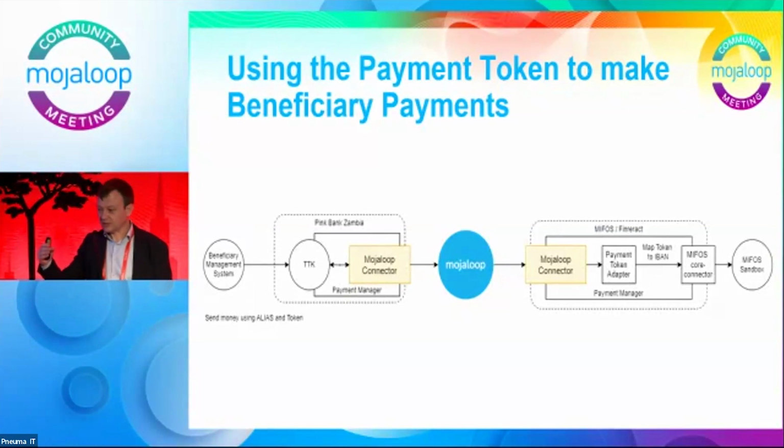That's what we're using in this example. There's an IBAN, and that IBAN then goes to the MeForce core connector, which then knows which account to credit inside the MeForce sandbox.